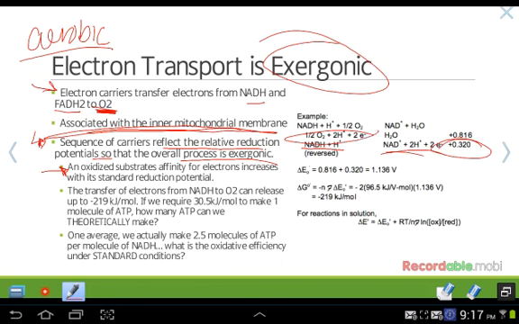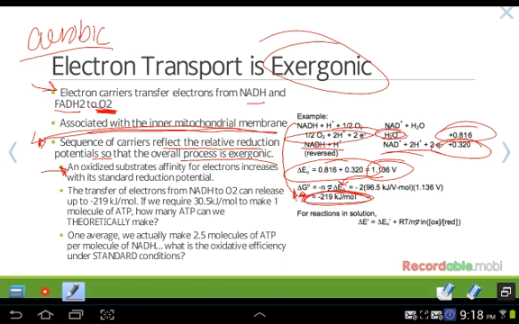The reduction of oxygen in order to make H2O gives us a reduction potential of 0.816. If we total that change in potential, we get plus 1.136 volts. If we plug that delta E into our equation for the Gibbs free energy under standard conditions, we get an overall delta G of negative 219 kilojoules per mole for every molecule of NADH we oxidize in order to reduce oxygen into water.